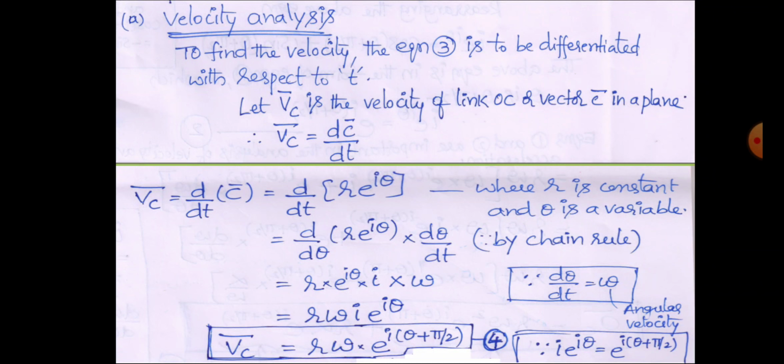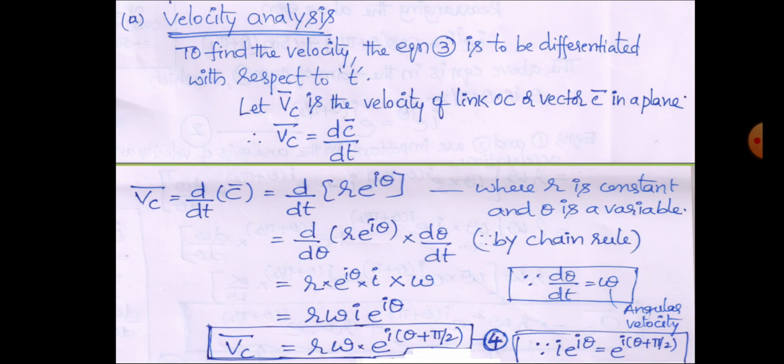Because I should differentiate theta with respect to time, by applying the chain rule I am arranging it as d by d theta of r e power I theta into d theta by dt, so that d theta gets cancelled and the result is the same as the previous one.